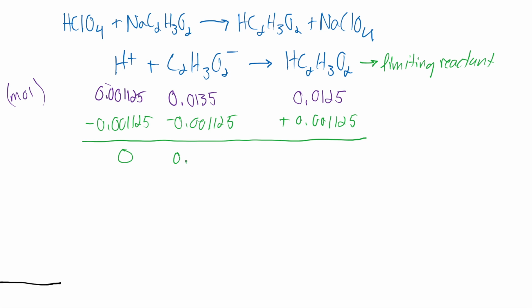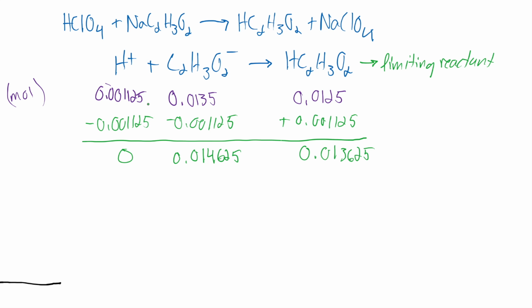We get 0.014625, and we're just adding extra digits. We'll do our significant figures and round later, and then we end up with 0.013625. And so after we have our limiting reactant, this is what we have left. So we have excess conjugate base left, and we have an acid that we have made more of.